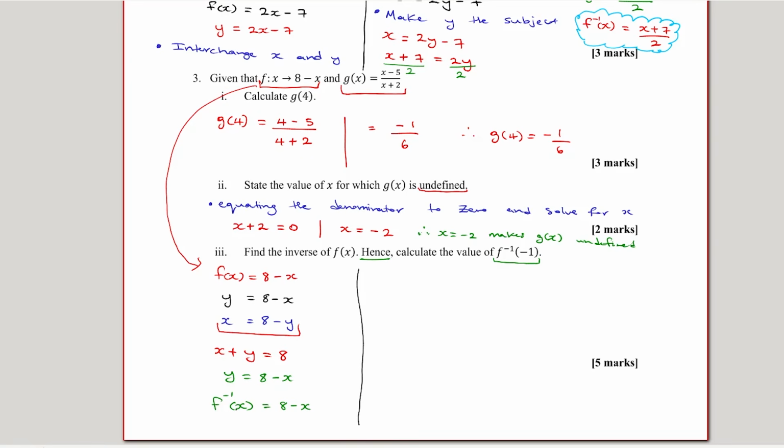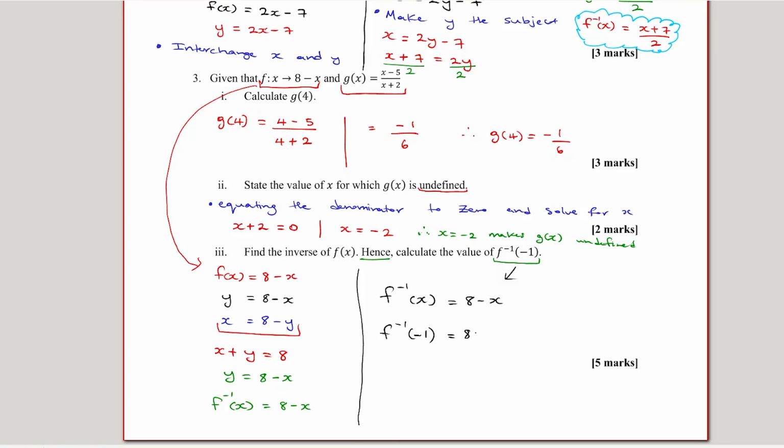So now that we have the inverse, the question wants us to find what the inverse is equal to if we were to substitute -1 in the inverse, right here. So if f inverse of x is equal to 8 minus x, and they want us to find f inverse of -1, we're simply replacing the x value with -1.